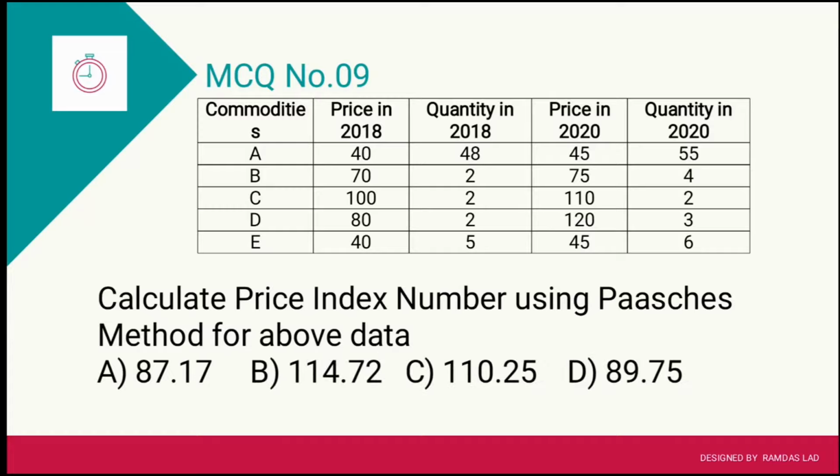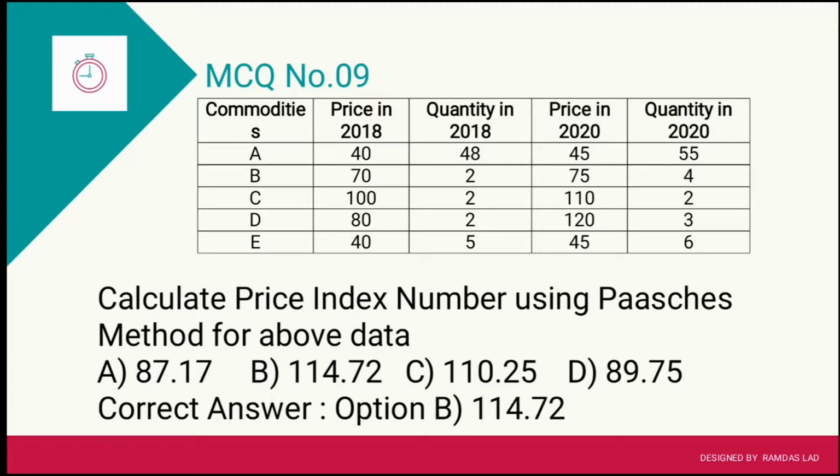Option A 87.17, option B 114.72, option C 110.25, and option D 89.75. So by using the formula to calculate the price index number using Paschal's method, you will get answer 114.72. It means option B is the correct.